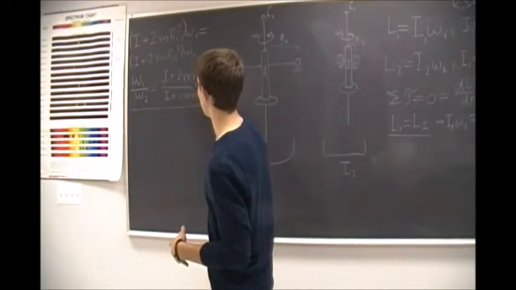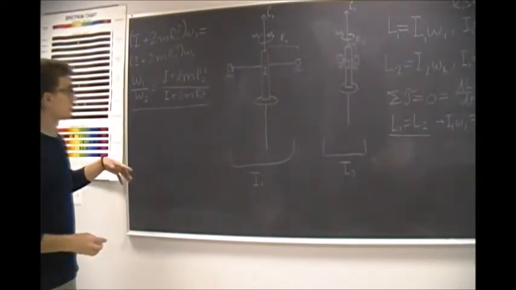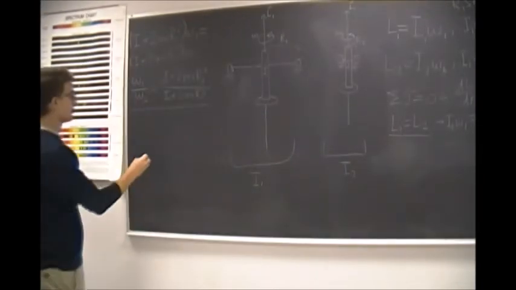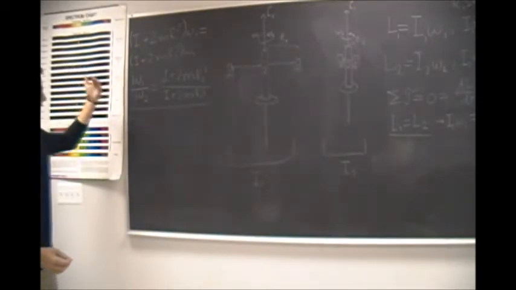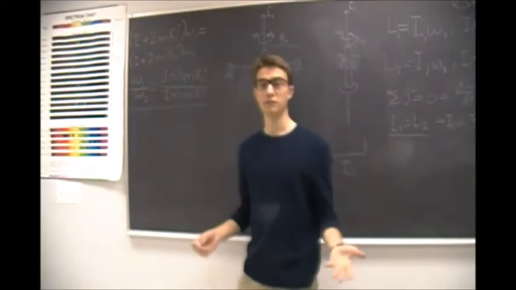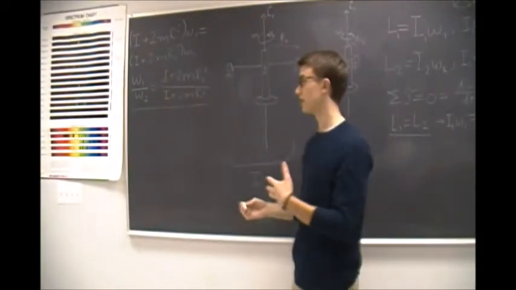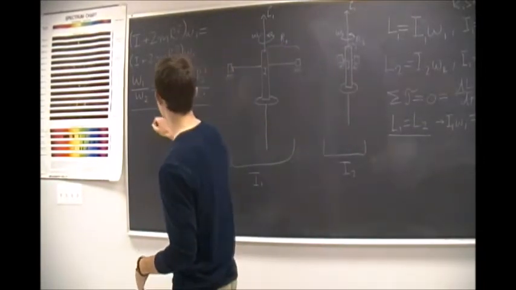This denominator is much larger than the numerator. Therefore, the angular velocity is greater in the final position than it was initially.